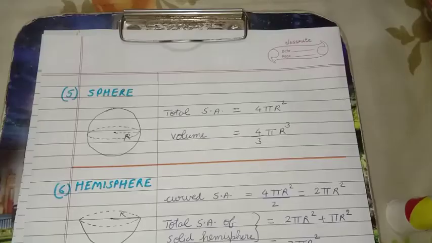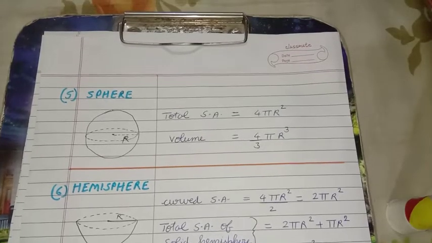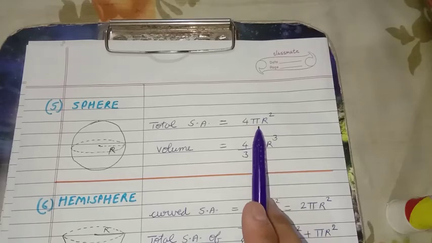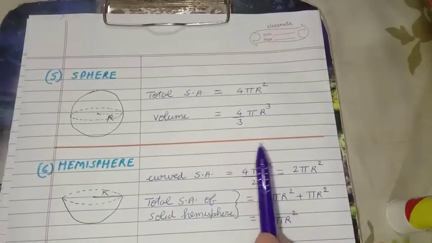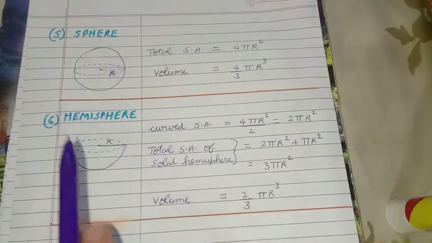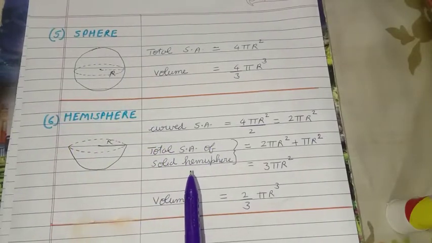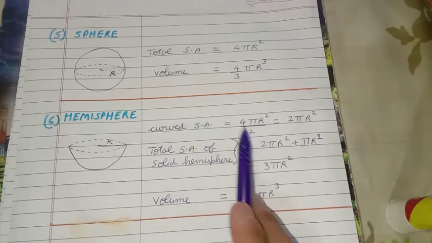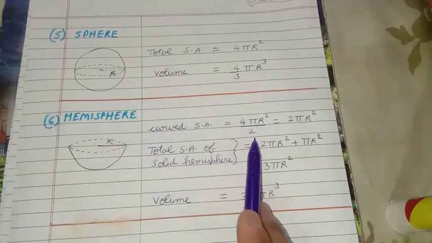Okay, the next is sphere. Sphere total surface area is 4 pi r square. Then volume of a sphere is 4 by 3 pi r cube. Okay, this is 4 pi r square, this is 4 by 3 pi r cube. For a hemisphere it is half of the sphere, so curved surface area will be exactly half of the sphere, that is 4 pi r square by 2.